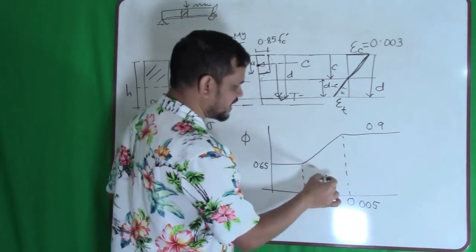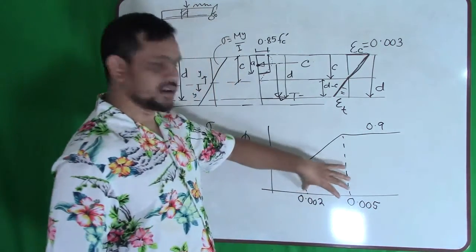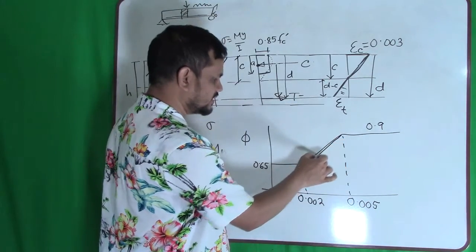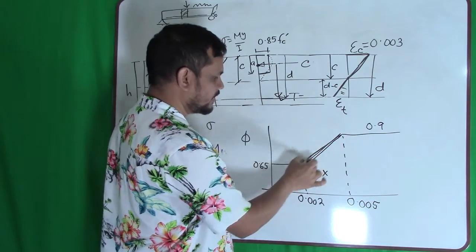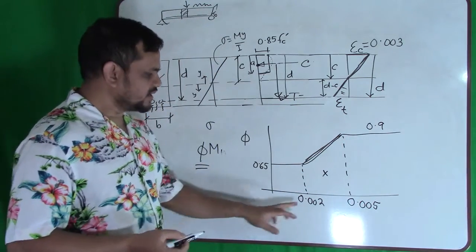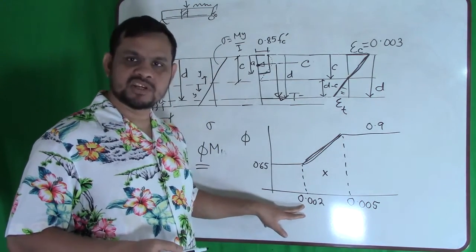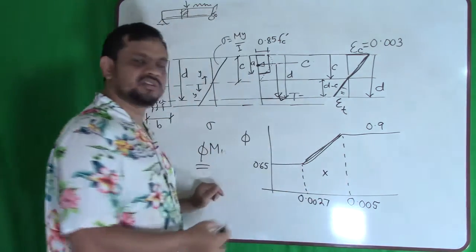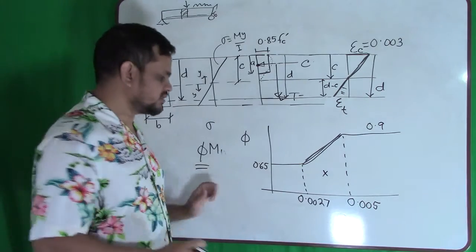What if your value is somewhere in the middle? Then you need to use this line. Now if you see the new edition book, the 10th edition, maybe they used some other value here, 0.0027, but that's not a problem.